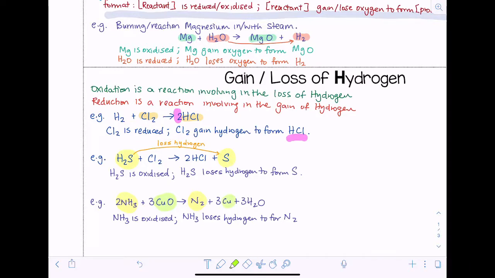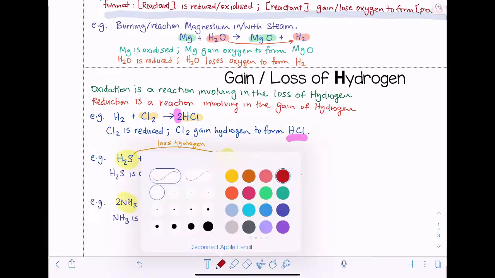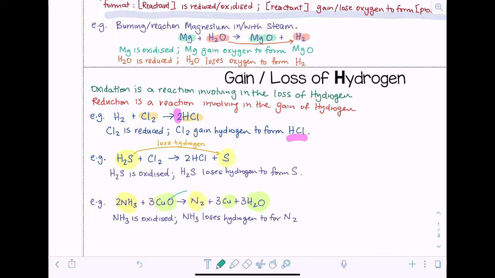Now, a bit more to that, because we are focusing on the gain and loss of hydrogen, I would like to divert your attention to over here, which is H2O. Now, there is actually some interesting thing to point out. We'll just point out the more obvious one. You will notice that the oxygen before was combined with copper, but the oxygen after becomes combined with hydrogen.